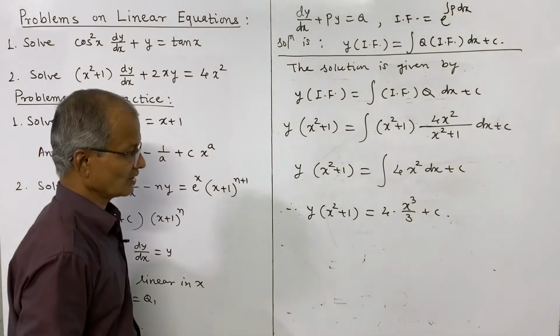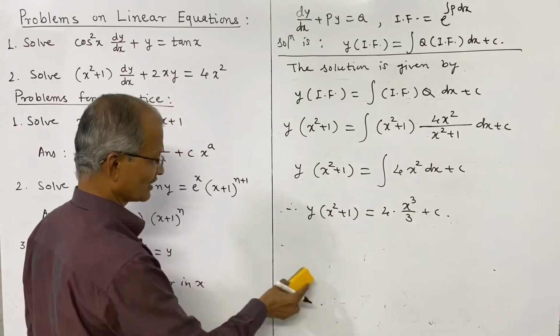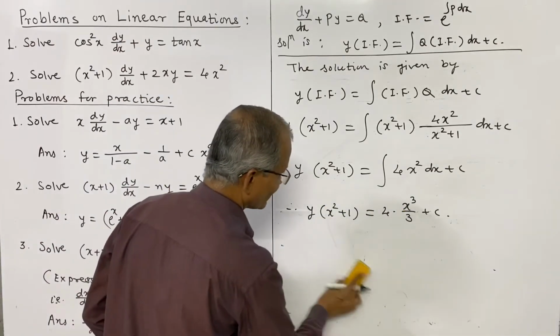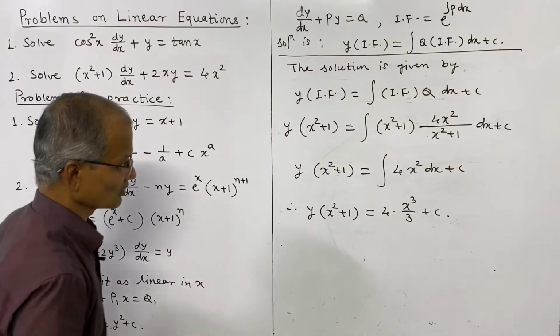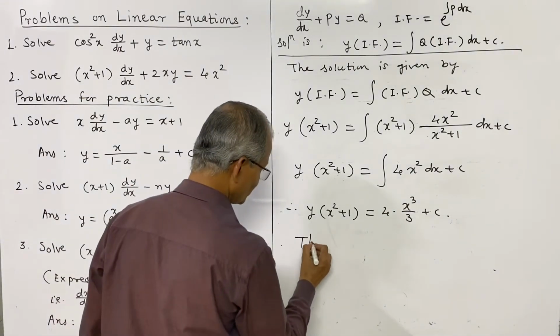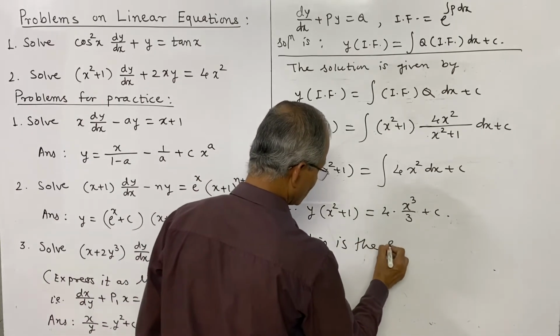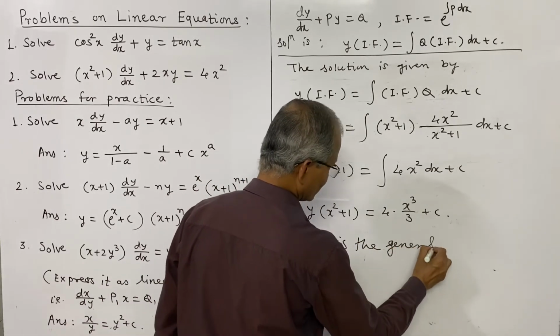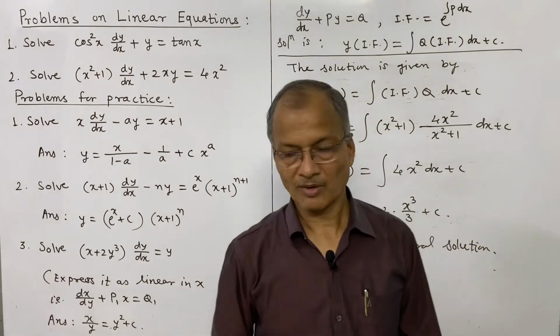So this is actually the solution, or we can shift this term to that side, but not necessary. So we may write this as the general solution. So we have solved the second problem.